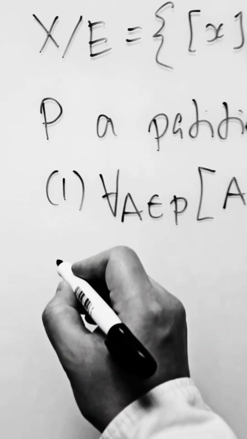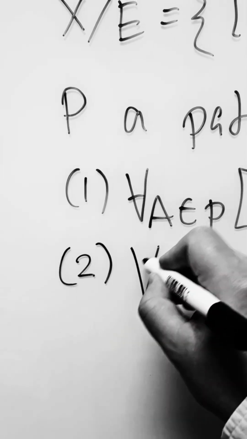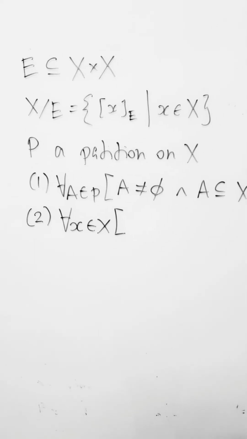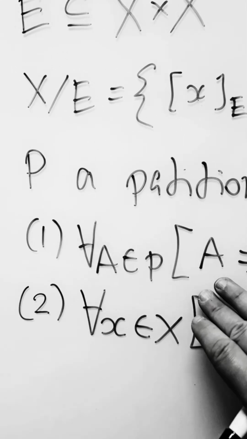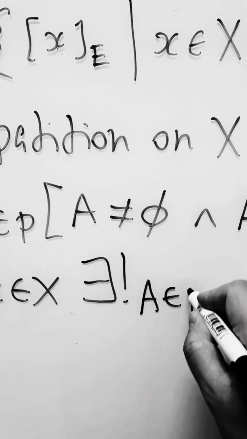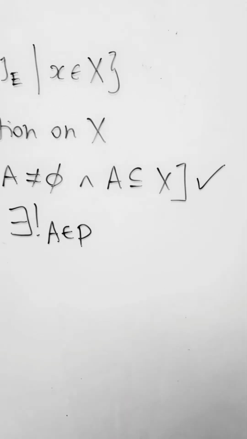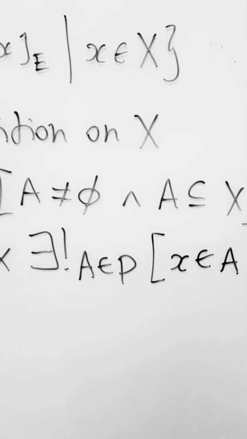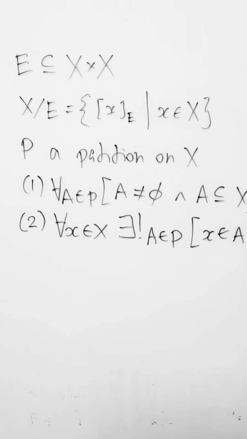The second property is that for every x in capital X, there needs to be exactly one element in P such that x is an element of it. Let's see if this is true.